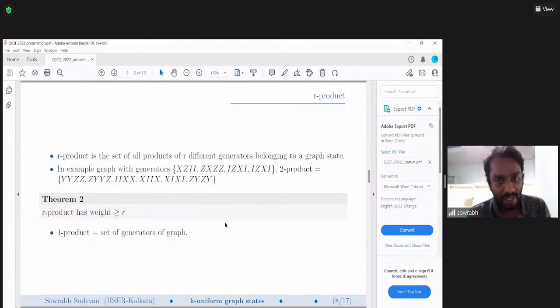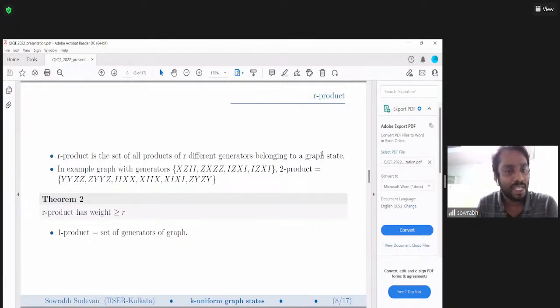Now, I have said that you take a set of generators and then you do all possible products between them. By all possible products, it will be taking the individual matrices, then the product of any 2 different matrices, the product of any 3 matrices, the product of any 4 matrices, and so on. So an R product is a set of all products of R different generators belonging to a graph. The full expansion will be the sum over all of these: 1 product, 2 product, 3 product, 4 product.